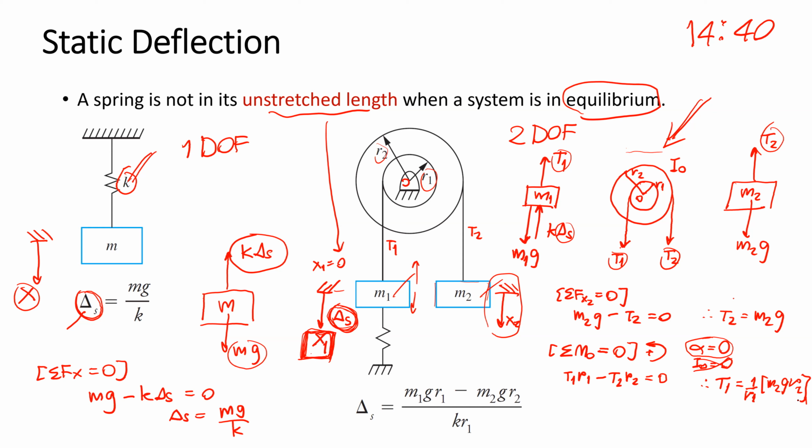So the last equation I need to form is the summation of force in the x1 direction is equal to 0, and maybe positive downward.